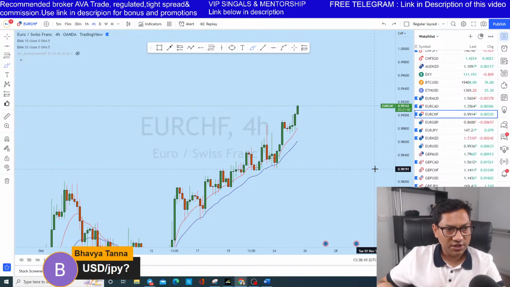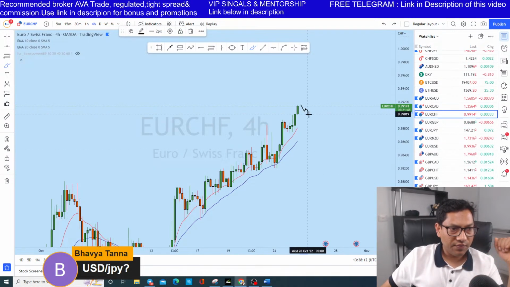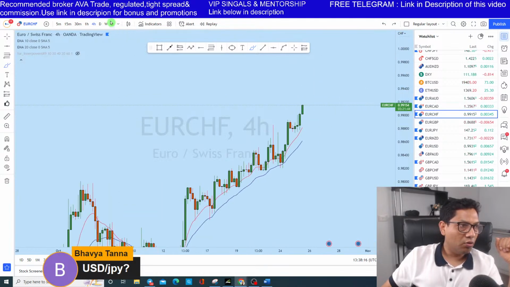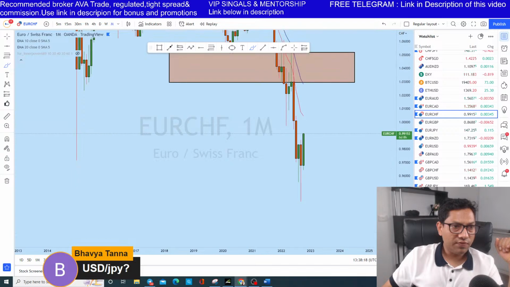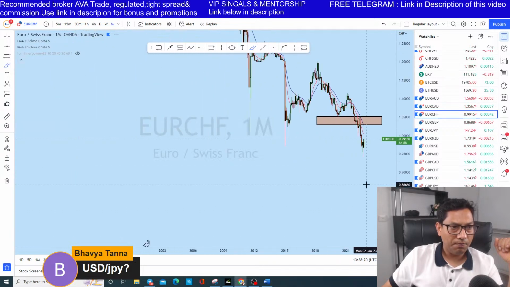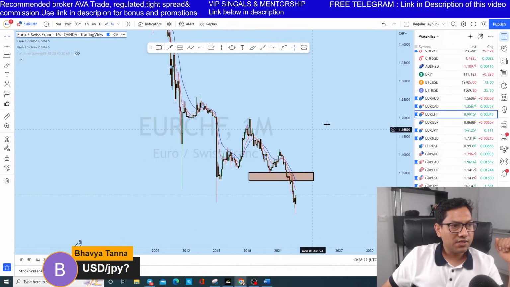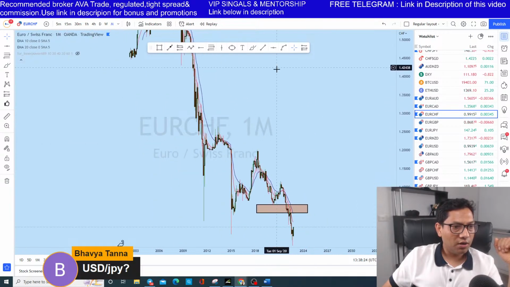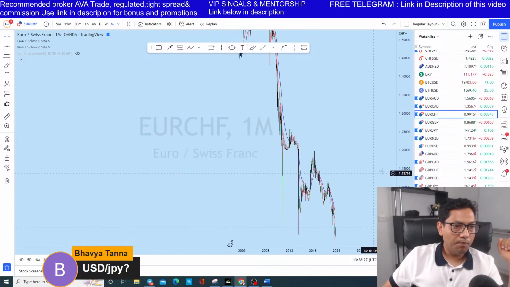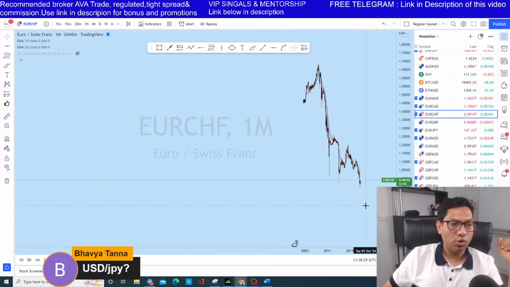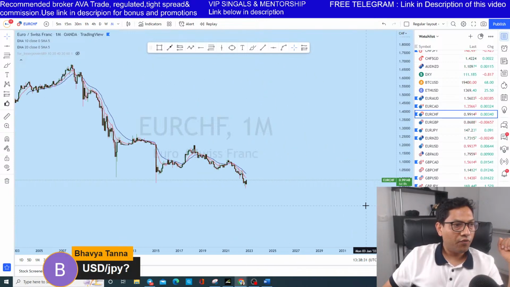So I think that Euro CHF, after a significant retracement, we can expect to buy. I think it will go, because if you look at the monthly again, Euro CHF is in a dip. If you look at this chart, it's at the lowest level possible. You see that? The price has even broken below this crash in 2015.